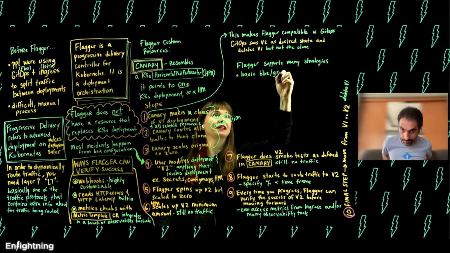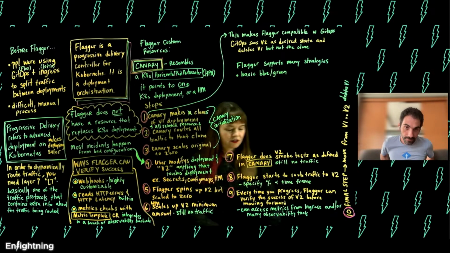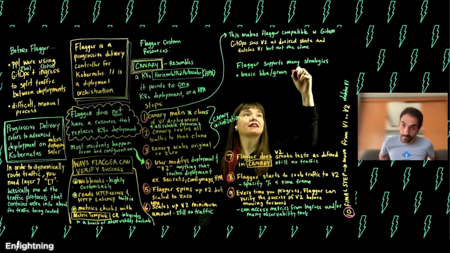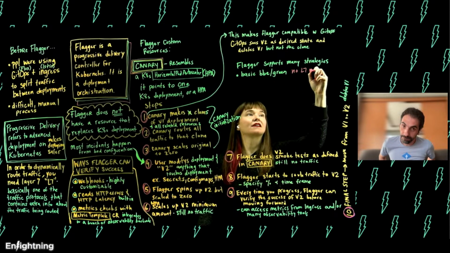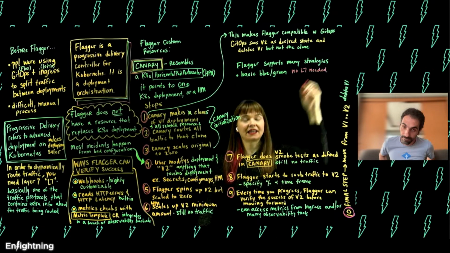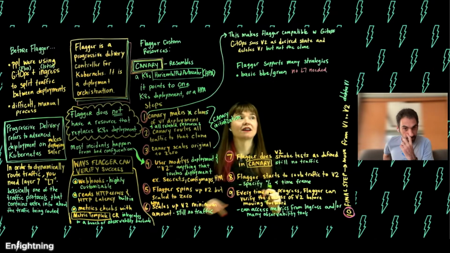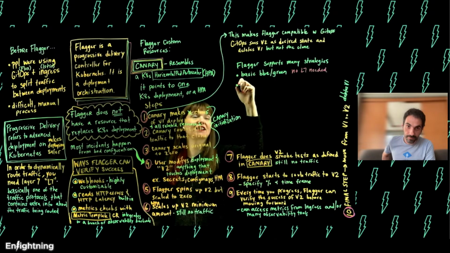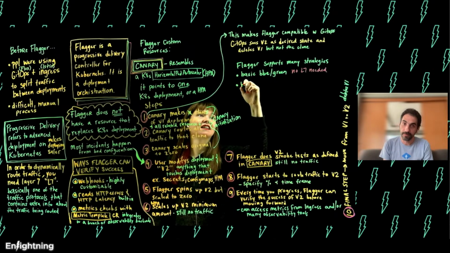Basic blue-green. No L7 needed. And then blue-green mirroring with L7 and no state.